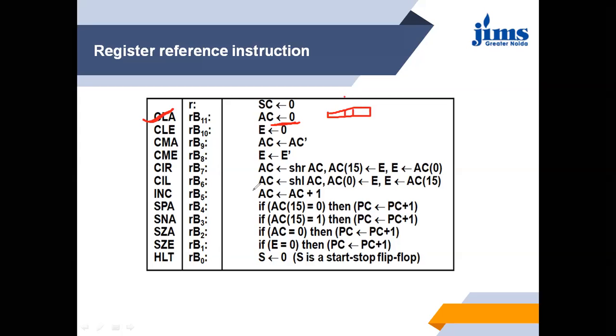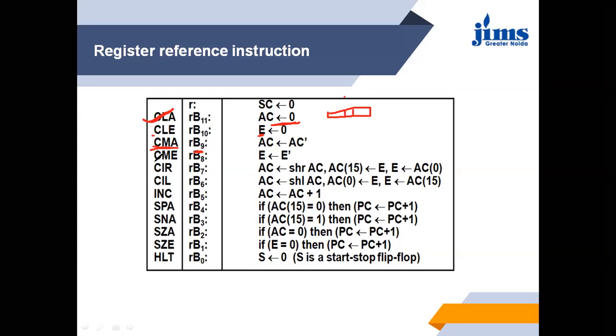Now we can perform all these operations, that is clear E. Clear E, we discussed about the E also. The complement of accumulator, the content of accumulator at B9.